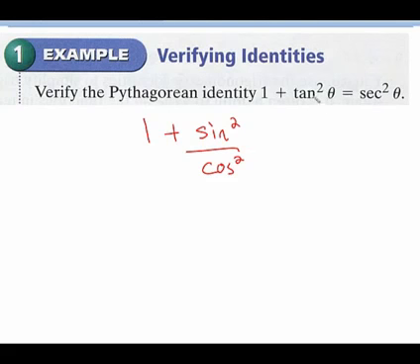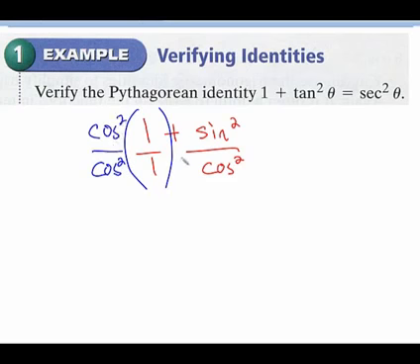So I've changed this tangent squared to sine squared over cosine squared. Now it looks like we've got fractions and we're adding them, so we need to get a common denominator. Our common denominator here is going to be cosine squared. So you have to multiply top and bottom, just like when you first learned to add fractions.